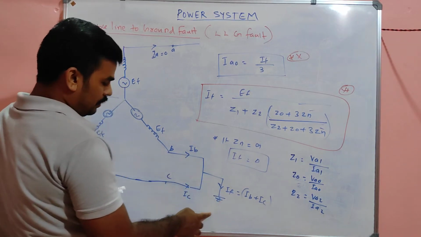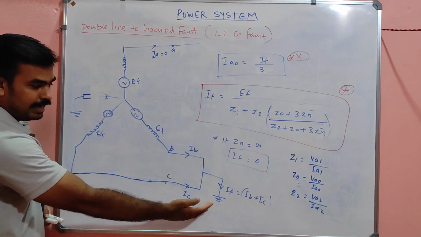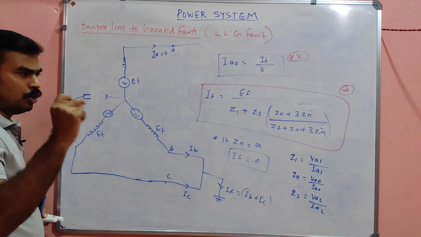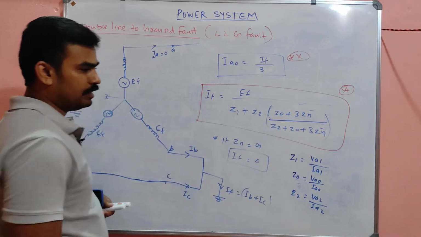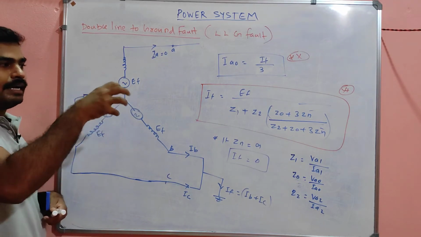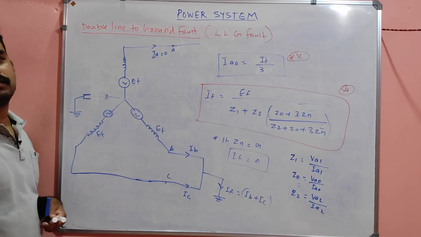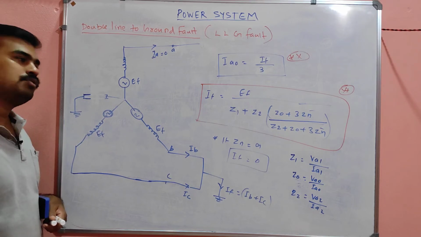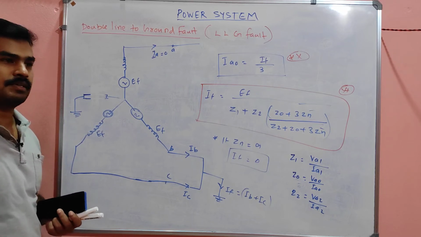Simply you can explain that with the diagram. Or in other words, if Zn is equal to infinity, in the numerator and denominator something divided by infinity definitely becomes 0. That way also you can express it.